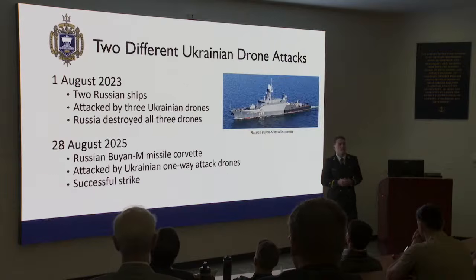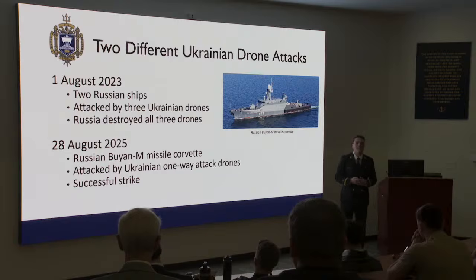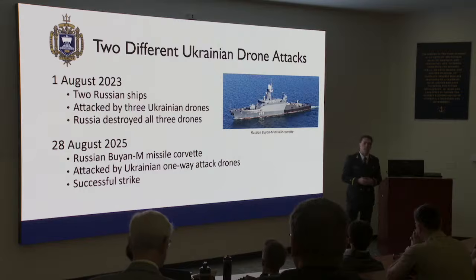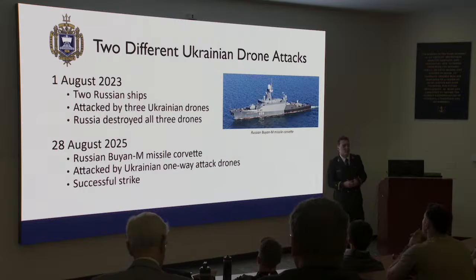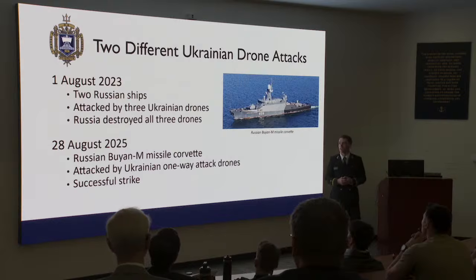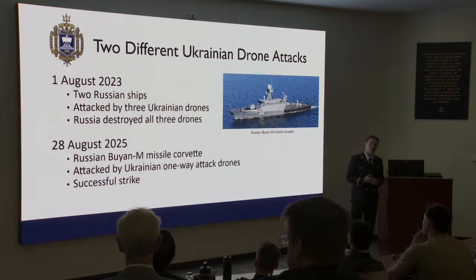All right, so let's start with two cases of one-way attack attempts against the Russian Black Sea Fleet since the Russian full-scale invasion in 2022. Jumping back to August 1st, 2023, two Russian ships were transiting through the Black Sea when they were attacked by 3 Ukrainian drones.